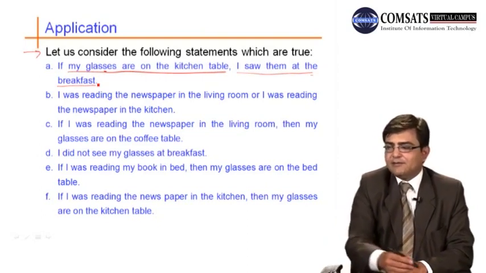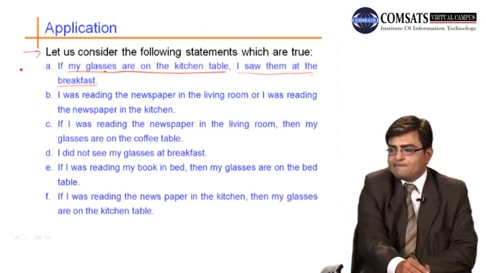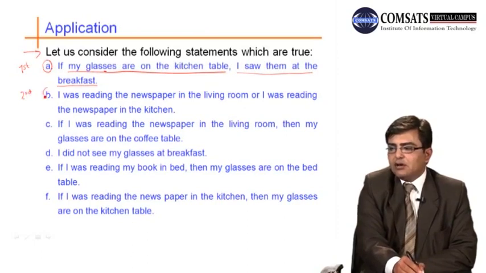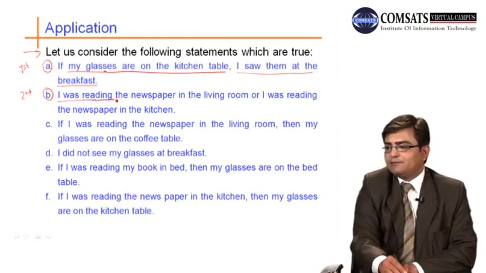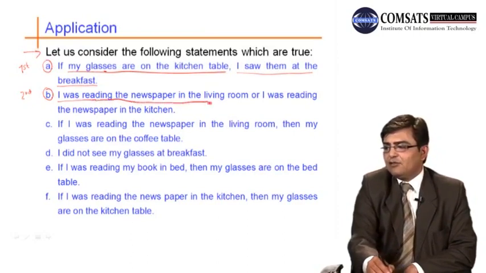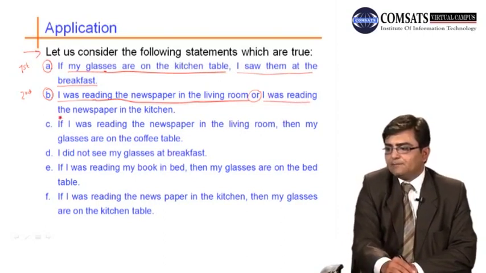So this is basically the first premise, which I call A. This is our second premise, what he thought: I was reading the newspaper in the living room, or, basically we identify the connectives also, I was reading the newspaper in the kitchen.